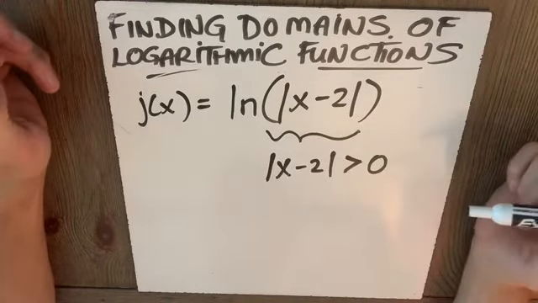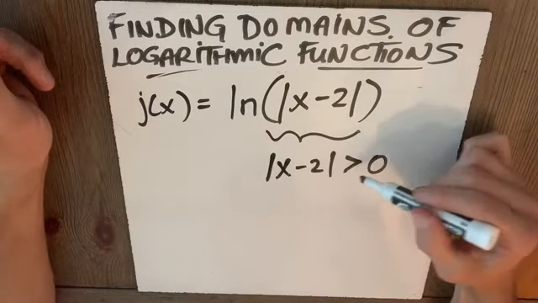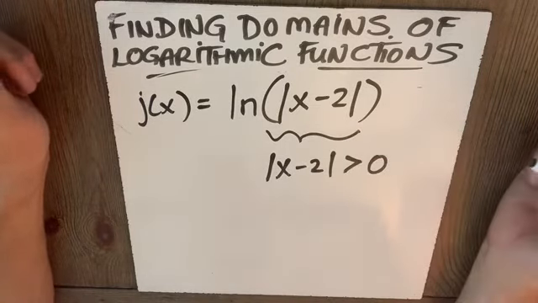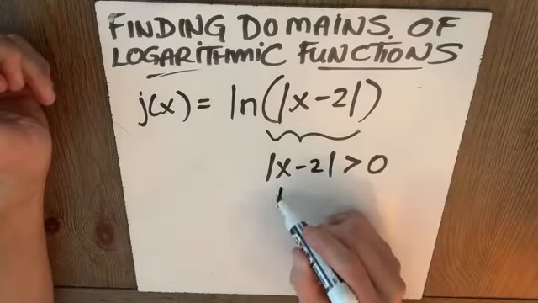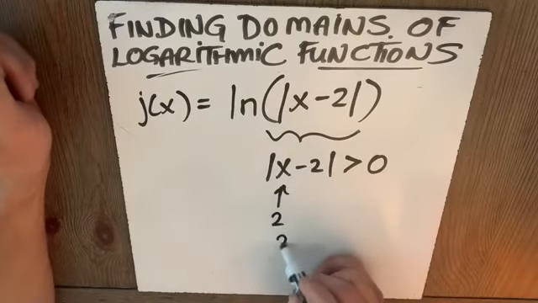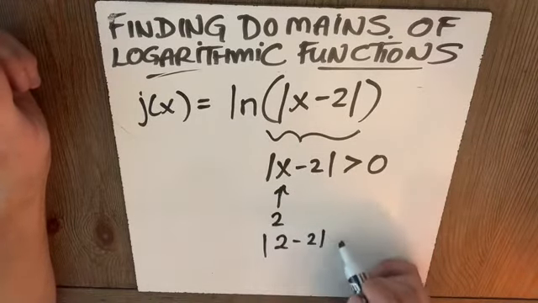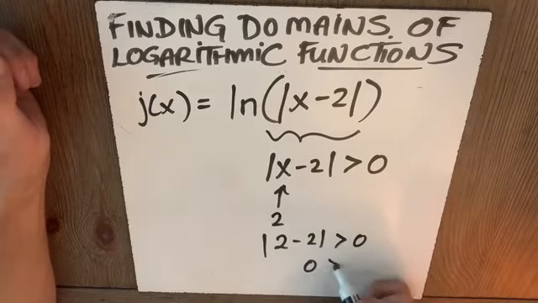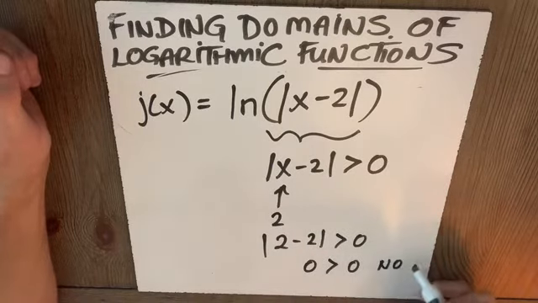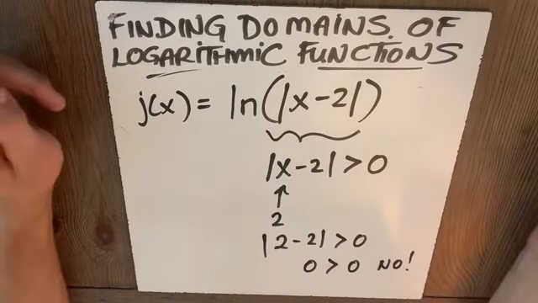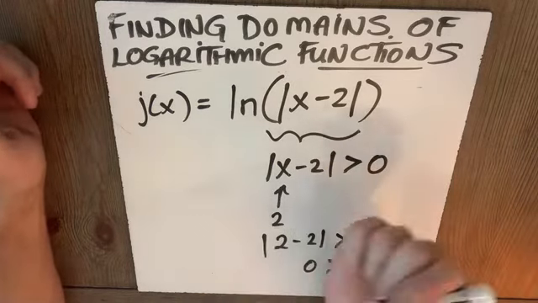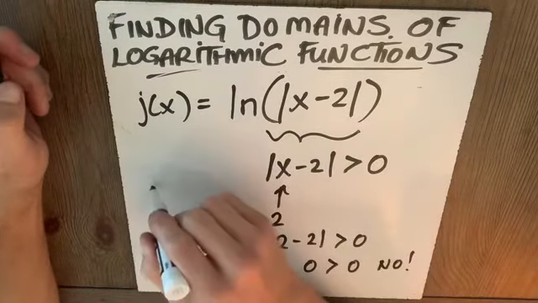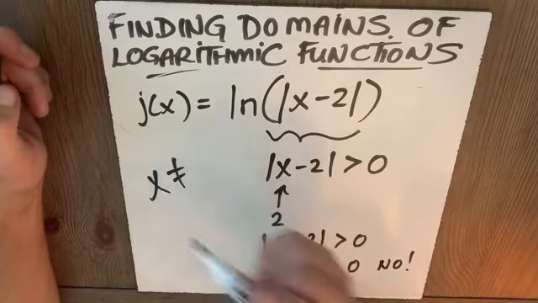So almost always we're going to have a value greater than or equal to 0, except what if x is 2? We'd have the absolute value of 2 minus 2, which is 0, and 0 greater than 0 is not true. So the only value we have to exclude is 2: the domain is all real numbers except x cannot equal 2.